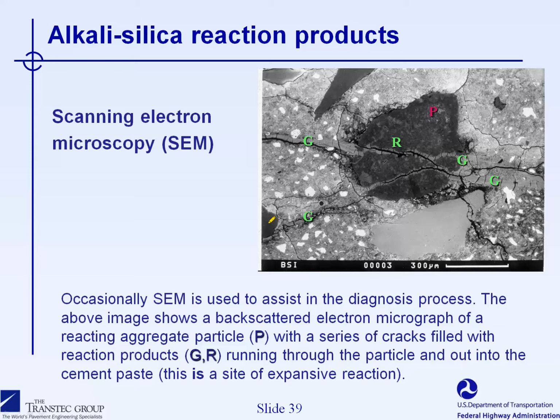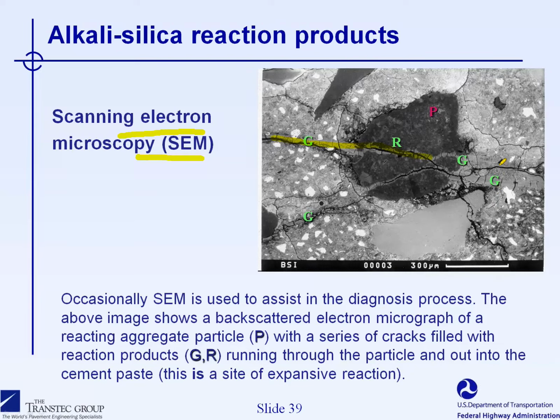In order to confirm the nature of the reaction products, the alkali silica gel can also be evaluated using scanning electron microscopy. This is a piece of concrete affected by ASR. You can see cracks here that are filled with alkali silica gel.